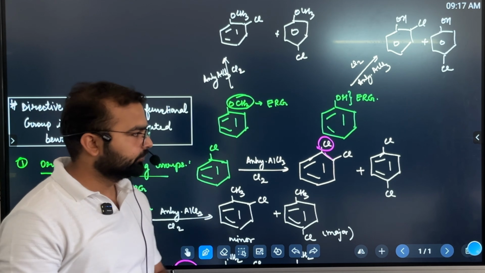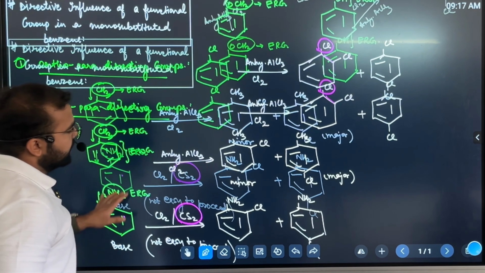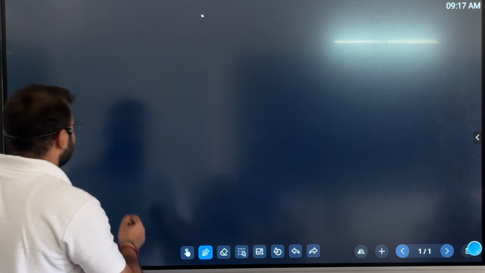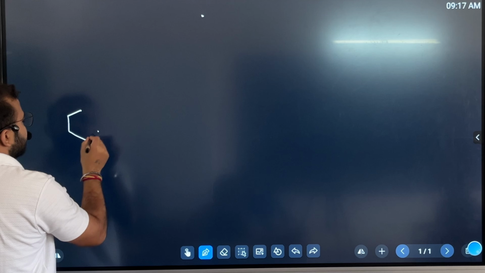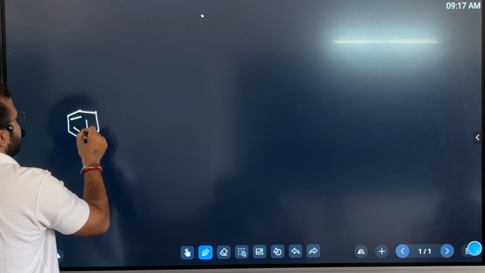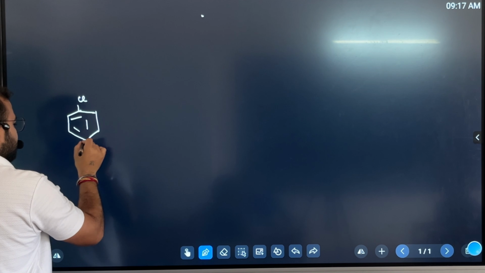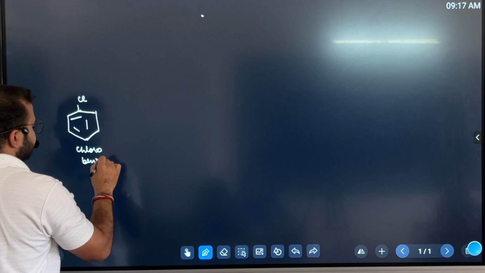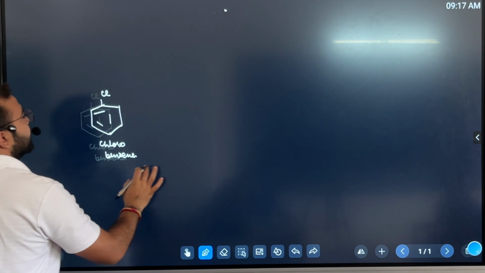Clear? So here let's take a few examples which are direct reactions. I'm taking one simple compound, chlorobenzene.